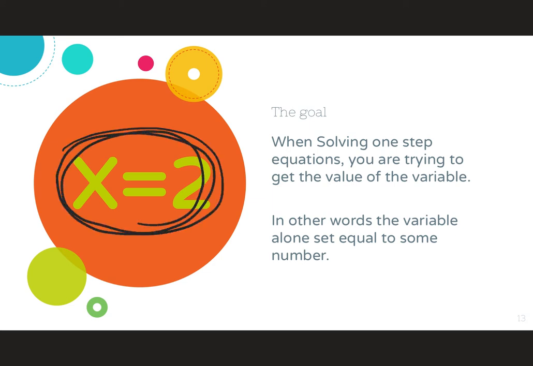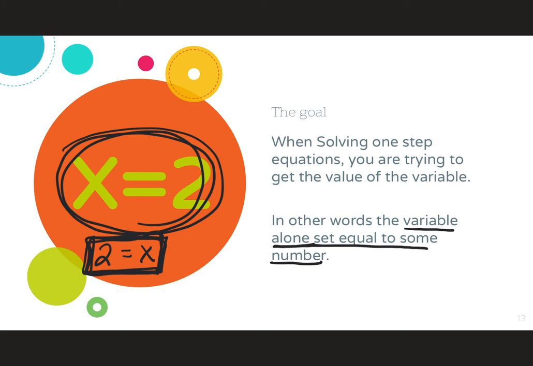X equals 2, 2 equals x, or whatever our variable is. We want the variable set equal to one number. So the variable set equal to some number, and I guess the variable alone. Okay, that's our goal.